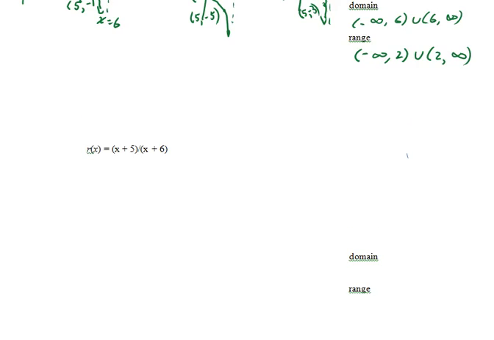The fourth example, the last one, the quotient contains two linear terms with leading coefficient 1, so the y asymptote will be y equals 1.